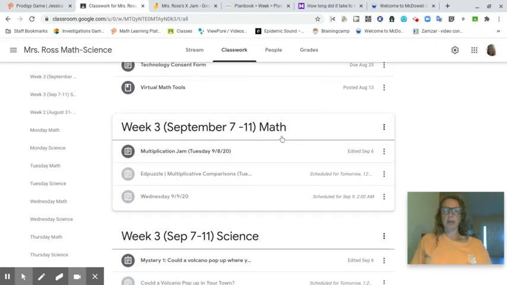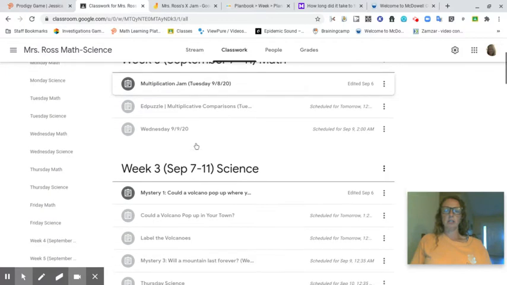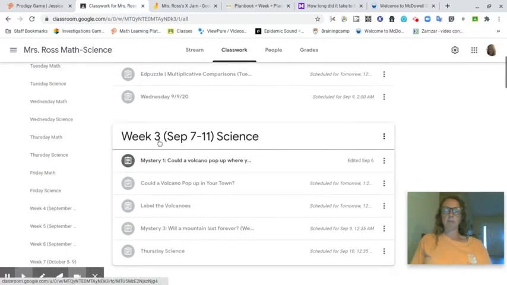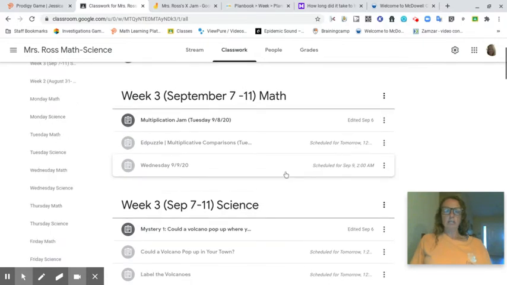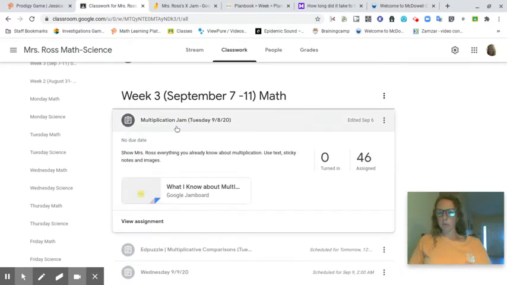So you have a math topic for week 3, and you have a science topic for week 3. I tried to limit the number of topics so that you don't have to scroll down so much. And I tried to write the day of the week that the classwork is assigned for out beside it in parentheses. So we are going to start out on this Tuesday with a Jamboard.